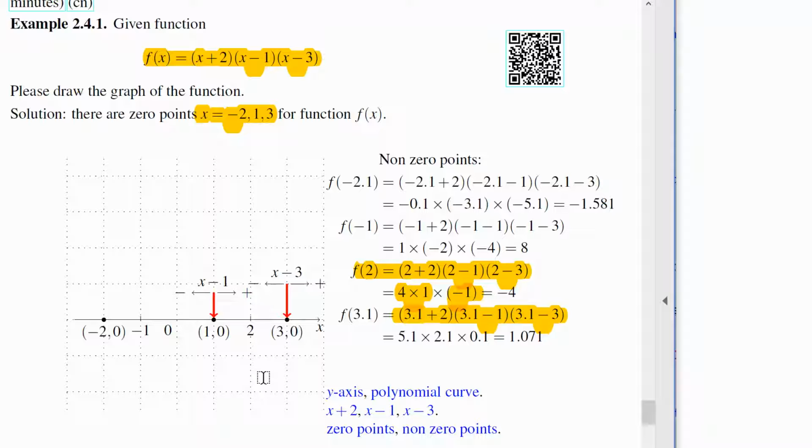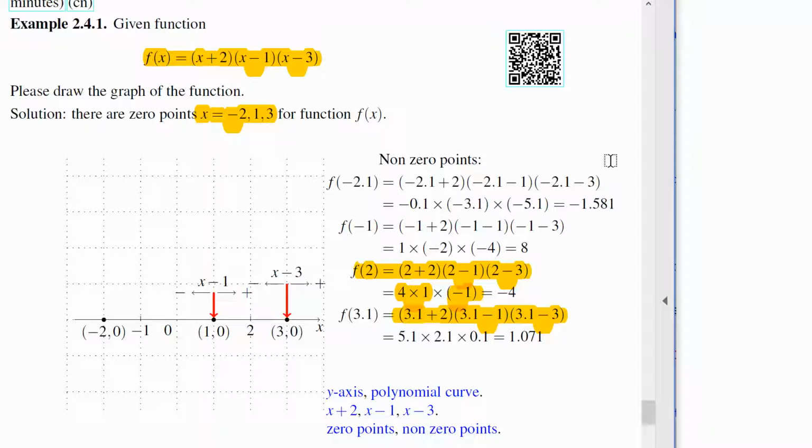You do this for f(-1) and f(-2.1) yourself. -1 is this point, between those two 0 points. And -2.1 is the point on the left-hand side of the first 0 point.